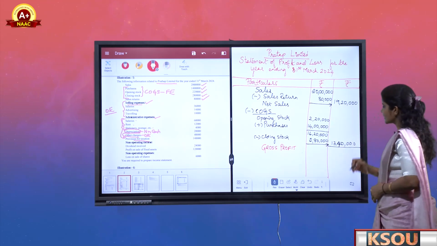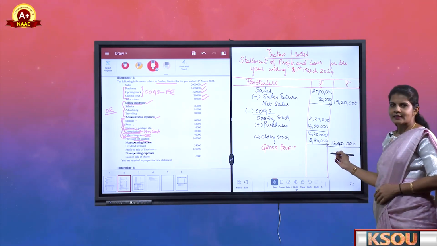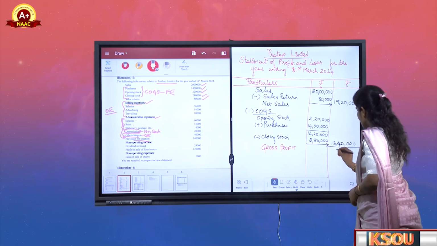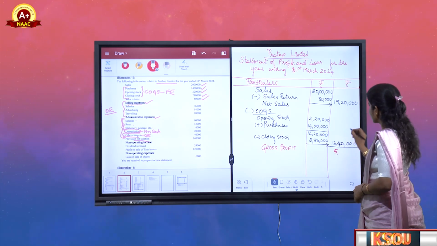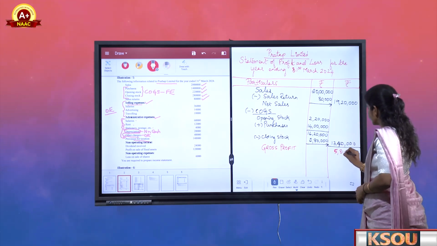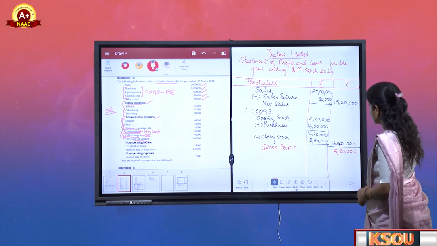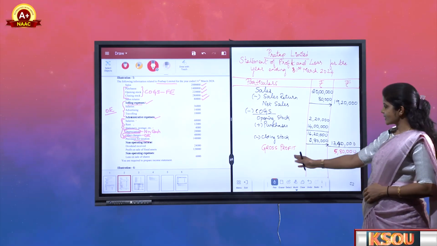Okay, so let us take the difference of this. 19,20,000 minus 13,40,000. The difference is 5,80,000. This 5,80,000 is the gross profit.